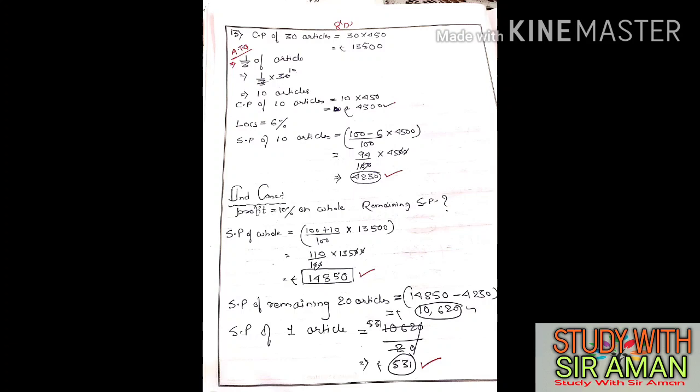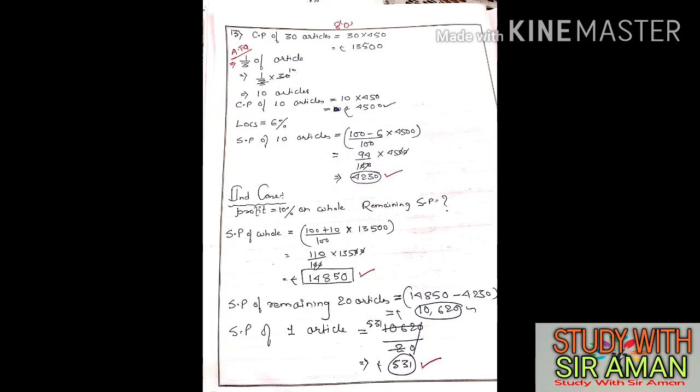Now he wants 10% profit on all. So check second case, profit 10% on whole, remaining SP. So SP of total means on total he wants 10%. We will use 100 plus 10 by 100 into 13,500. Total 30 articles. So he wants how much money? He wants 14,850 rupees.